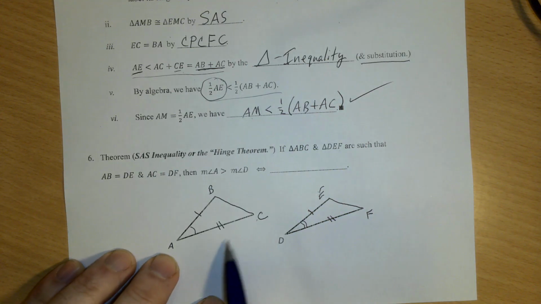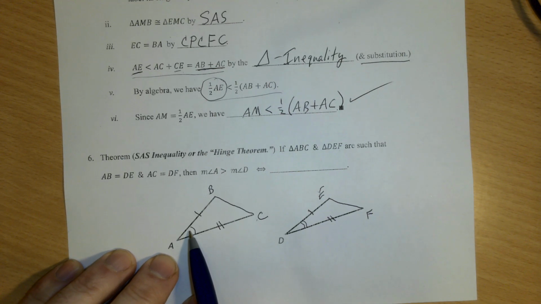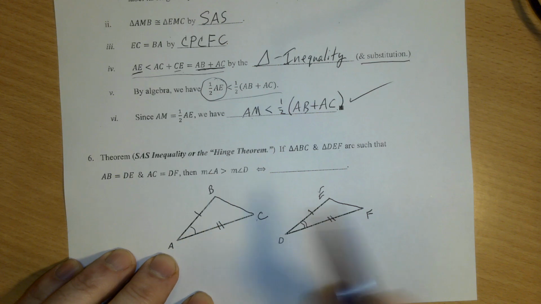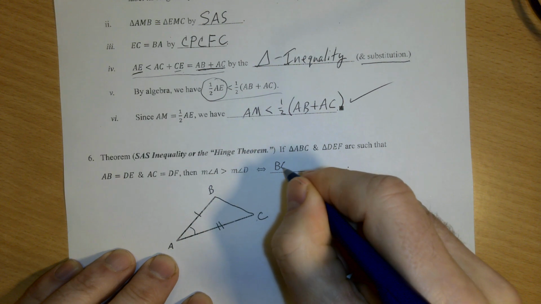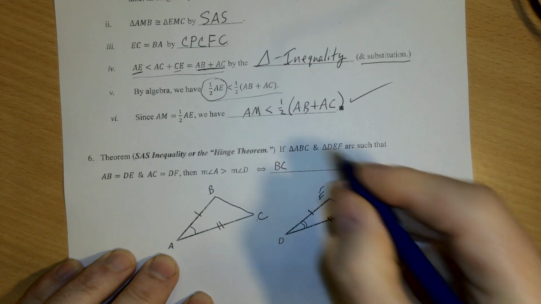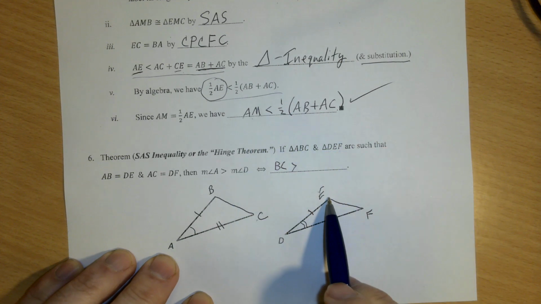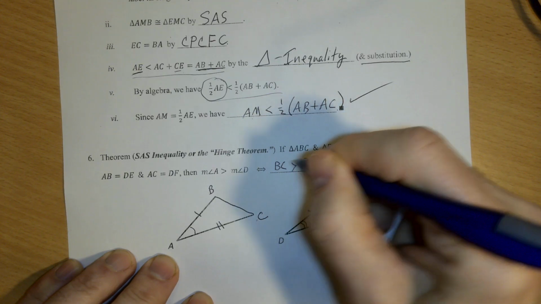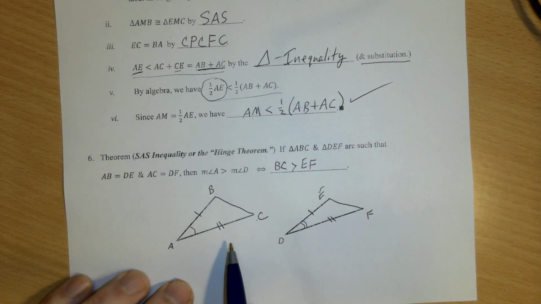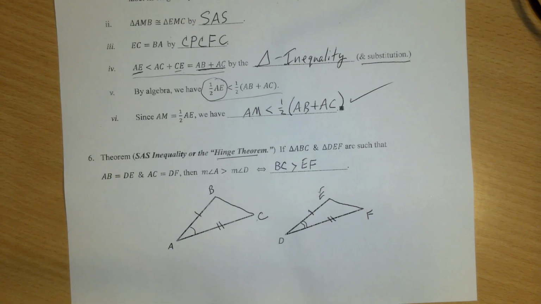And what I mean by that is angle A bigger than angle D means its opposite side, we've seen something like this already, BC, that's the distance from B to C, is also greater than EF. Okay, again, we can call that the hinge theorem if we like.